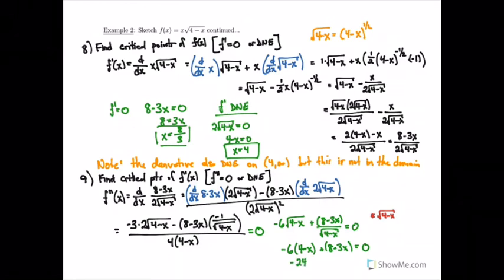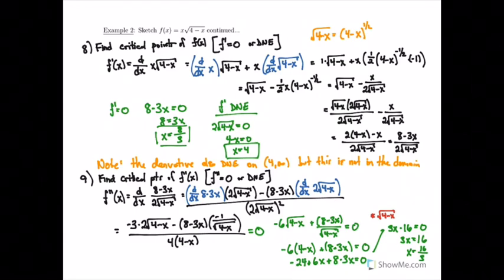Or -24 plus 6x plus 8 minus 3x equals 0. So that gives us 3x minus 16 equals 0. 3x equals 16, x equals 16/3.